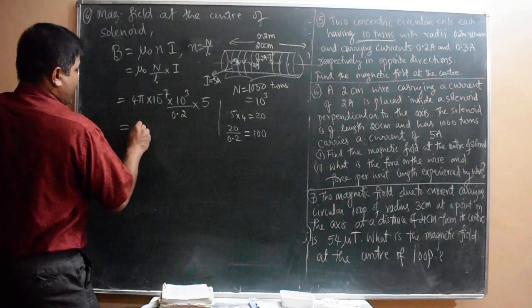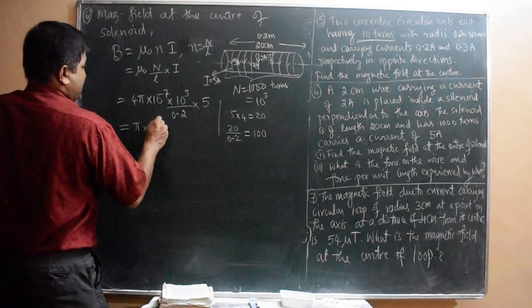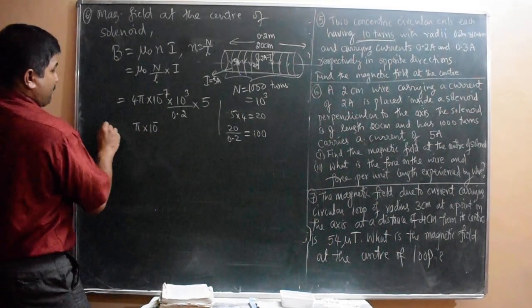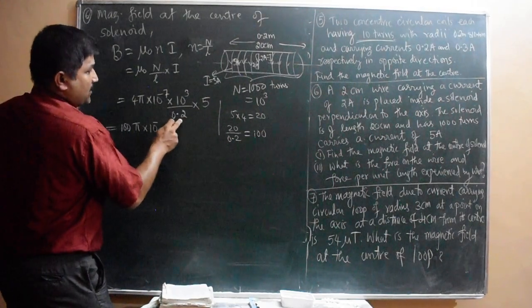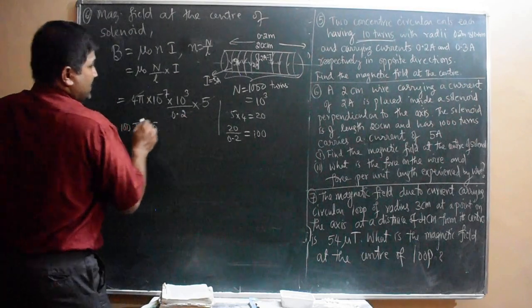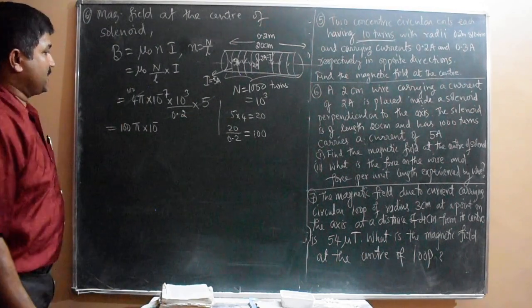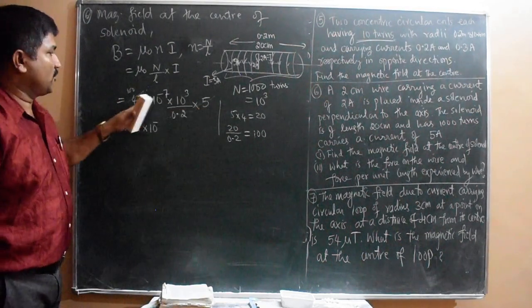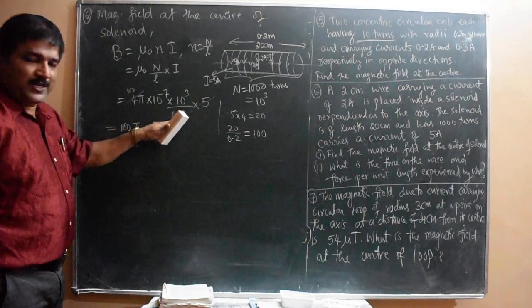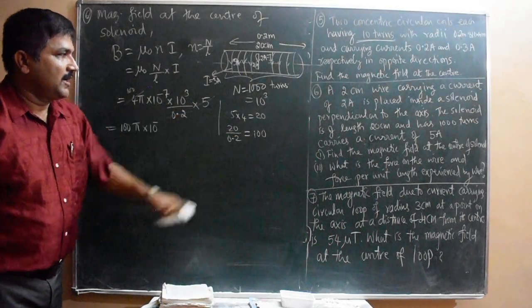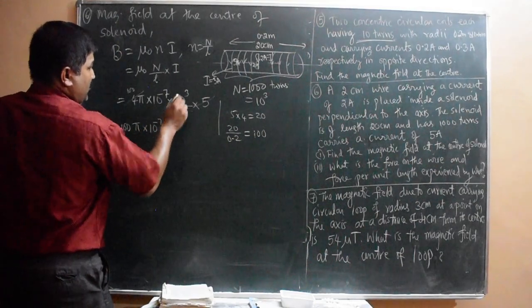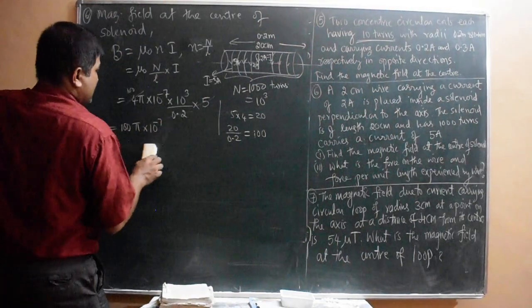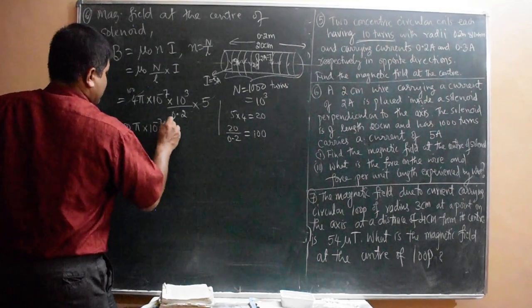So 4 pi into 5 divided by 0.2 gives 100. Then into 10 power minus 7 into 10 power plus 3. I can add up the powers here, minus 7 plus 3.